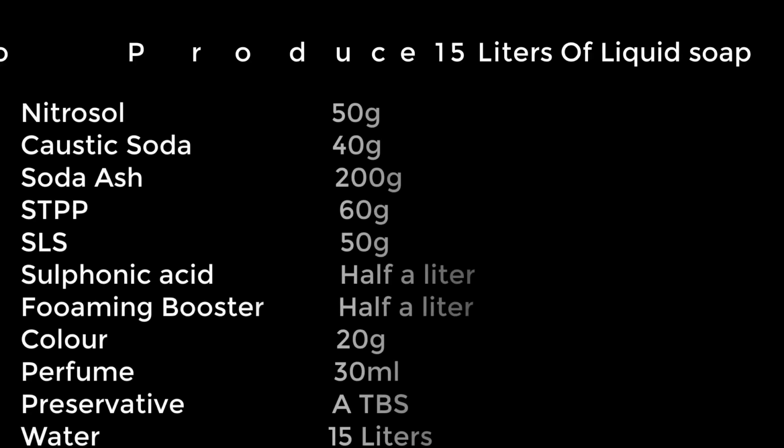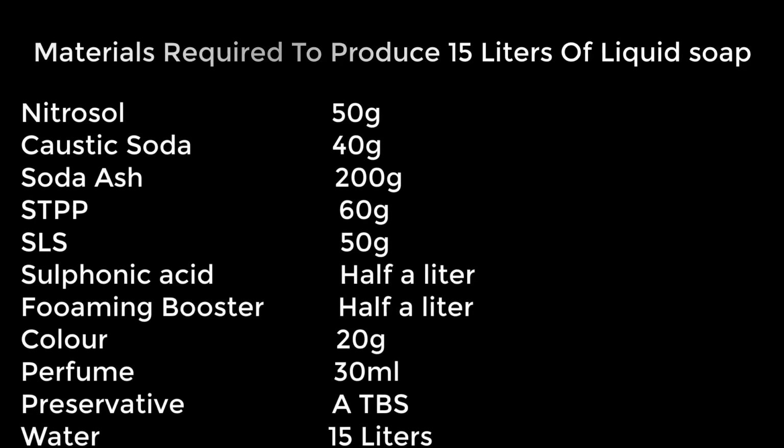Remember, the quantity of material given to us above can only produce 15 liters of liquid soap. Our question now is, what if you want to produce 100 liters of liquid soap? Now let's represent all these three variables in the ratio form.